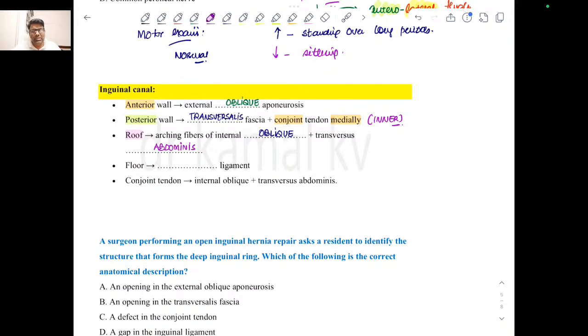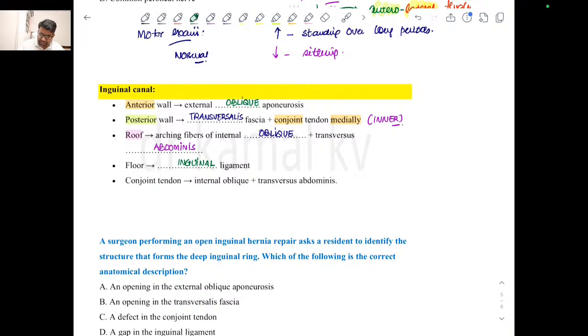Okay, so the two muscles forming the roof of the inguinal canal, and the floor is formed by a ligament which is traveling from the anterior superior iliac spine to the pubic tubercle, and this is the inguinal ligament. Clear? So please remember these boundaries or the walls of the inguinal canal.